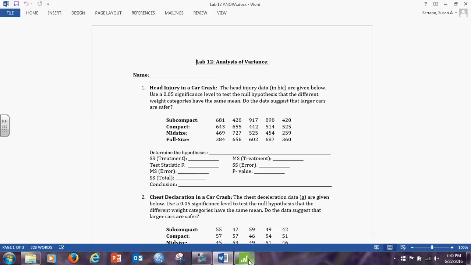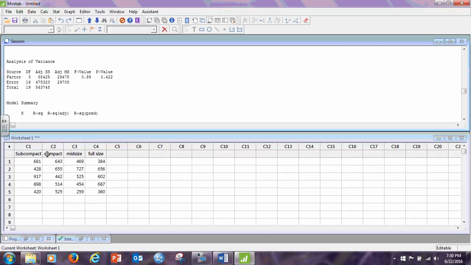So the first thing I need to do is enter this data into 4 different columns. So I have subcompact, compact, mid-size, and full size, and I put them all in. Then the hypotheses. The null hypothesis with a test of ANOVA is always all means are the same. So in this case, we have 4 means we're comparing.